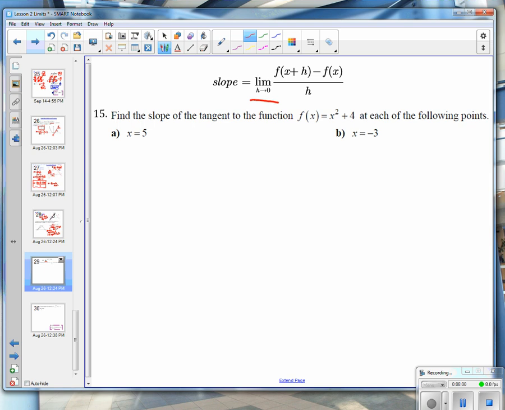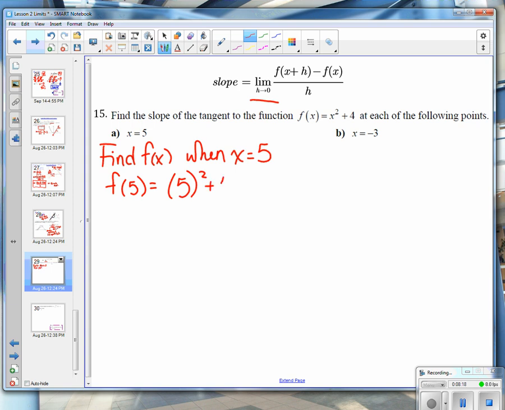The first thing we want to do is find f of x when x is equal to 5, so plug that in and evaluate. f of 5 is going to be 5 squared plus 4, so 25 plus 4, which is 29. So we know our point is (5, 29). We know our x and we know our f of x.